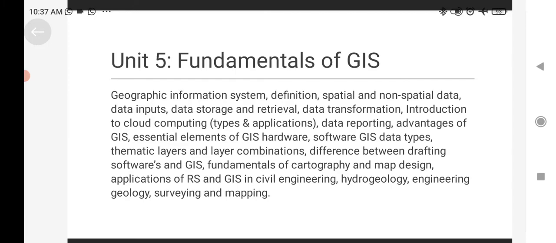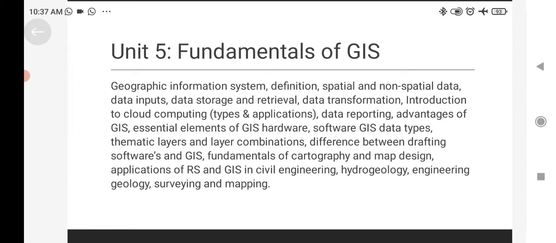Then essential elements of GIS hardware and software, also GIS data types. Then layers, schematic layer and layer combination, difference between drafting software and GIS, fundamentals of cartography and map design. And next is the application of RS and GIS in civil engineering, hydrography, engineering geology, surveying and mapping. These are all covered in unit number 5.